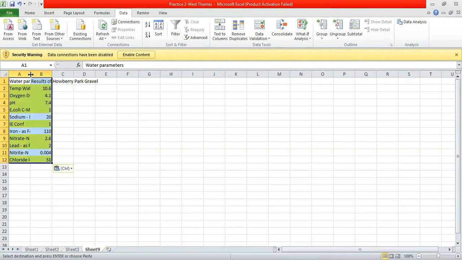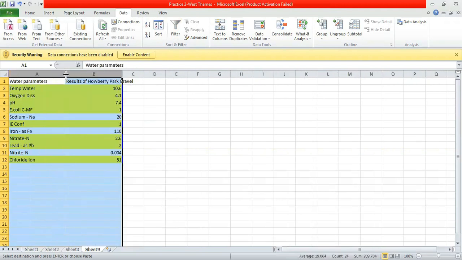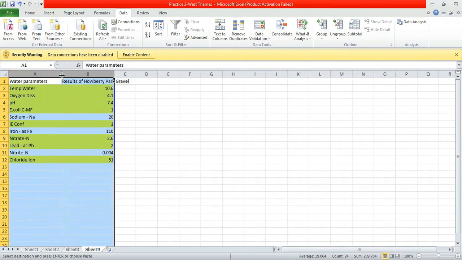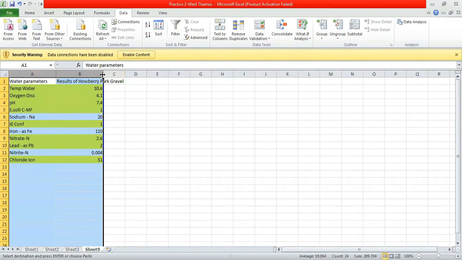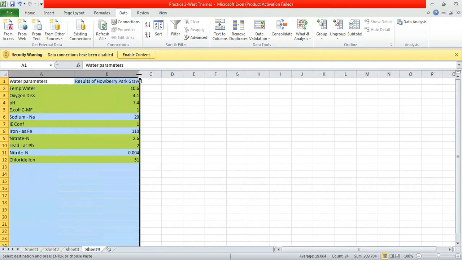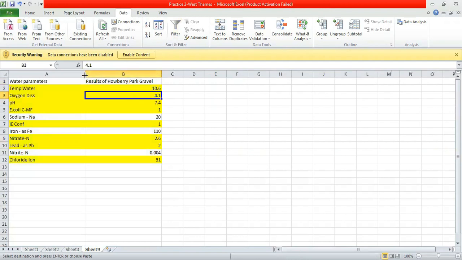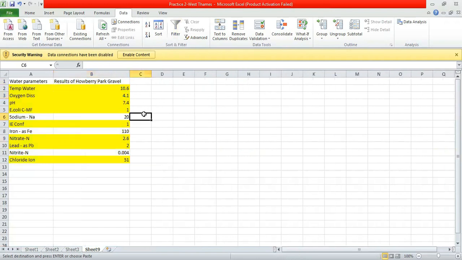Paste. If we realize this stuff, we have to do like this, and then so everything should be equally spread. Okay, so yeah, so okay, so this is what we have.